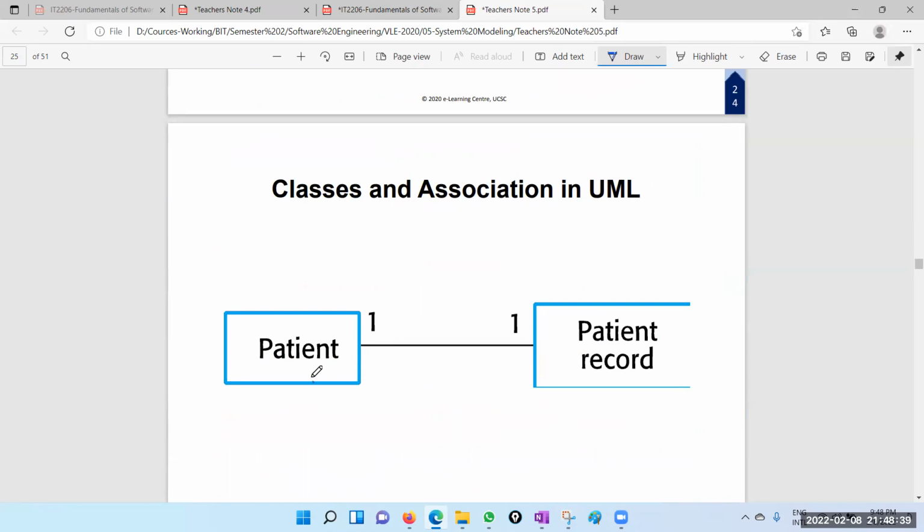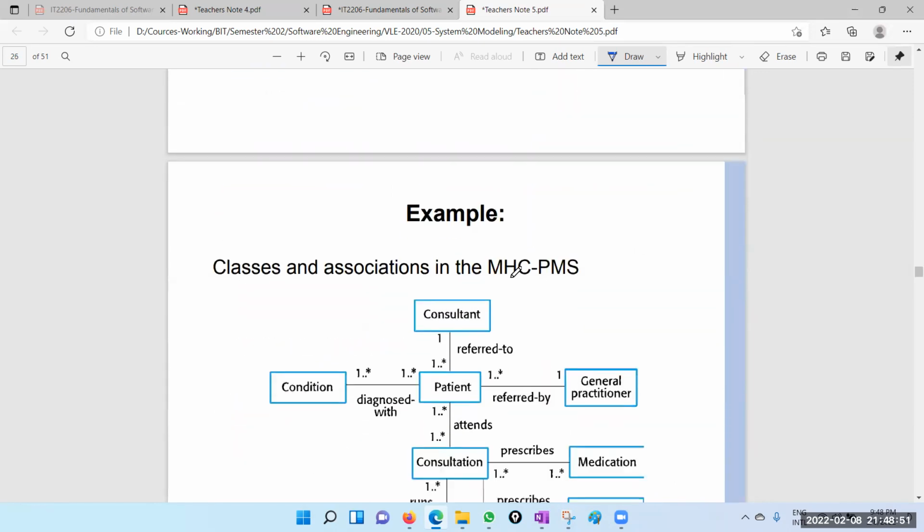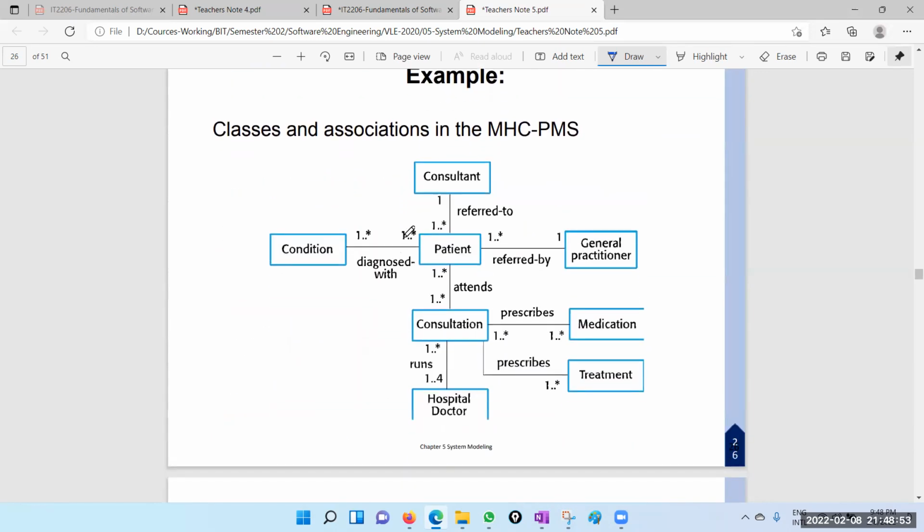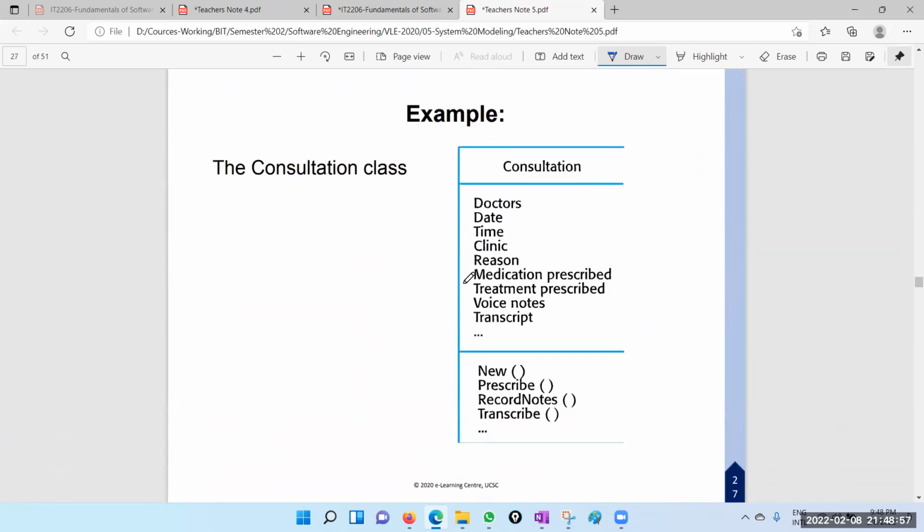A patient is associated with a patient record, and a patient record is associated to a patient. These are all associations between classes. So this is the structure of a class. You must be familiar with this notation because we did object-oriented programming.